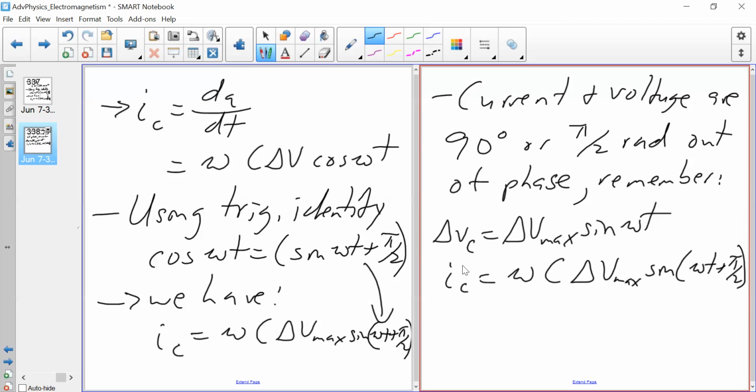So this one, current leads the voltage. We can just see it in the math. And then we graph it.